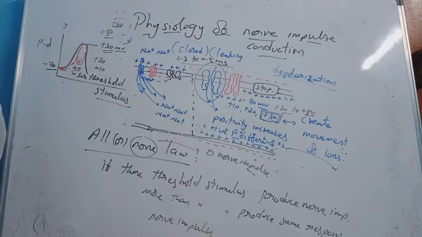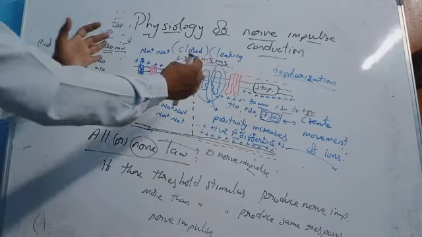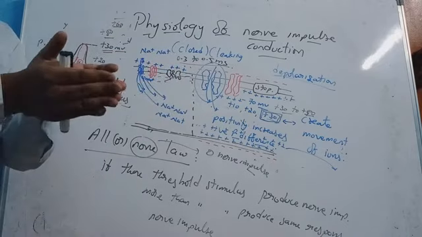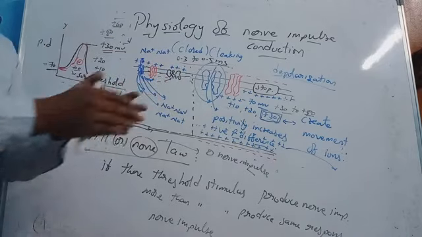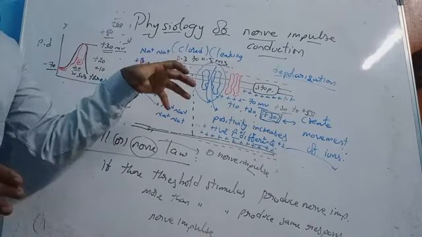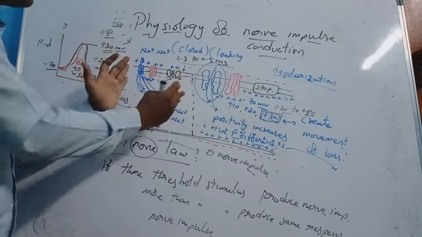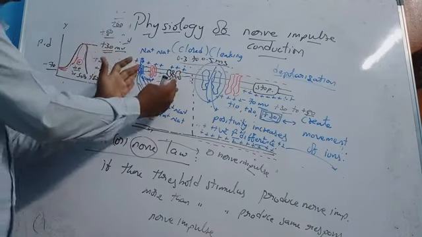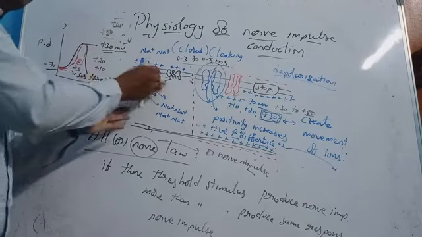Axon hillock is the place where all the ion channels are concentrated. You may get doubts, why not in the dendrites, or why not in the cyton part? No, because there we don't have that many ion channels. So ion channels are highly concentrated in this axon hillock zone. As it is the concentrated zone, the nerve impulse starts here only.